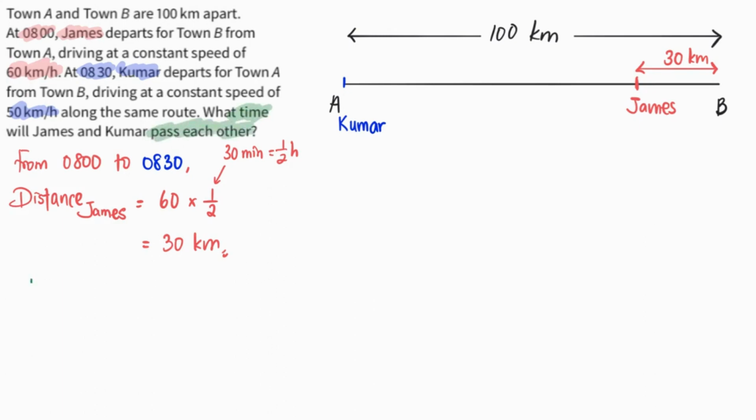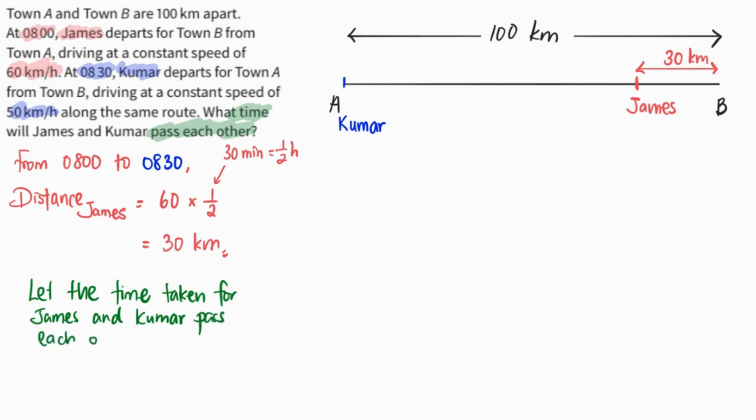I'm going to let the time taken for James and Kumar to meet each other, to pass each other, be T.